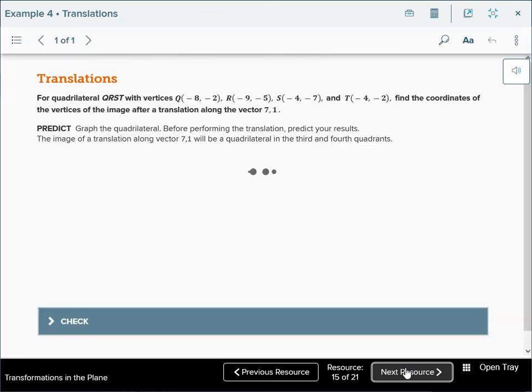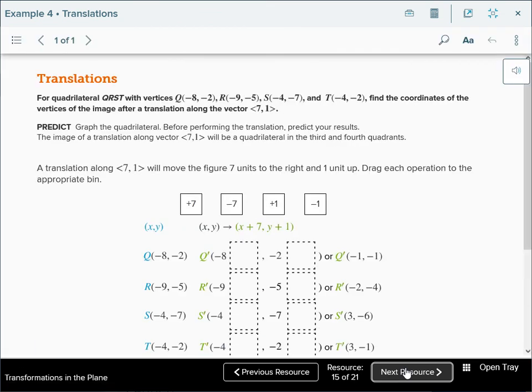Go to the next one. What's this vector telling us to do? What are we going to do to each x coordinate? Right 7 or add 7, right? What's this telling us to do to the y coordinates? Up 1. So tell me Q. What's Q going to end up? If I add 7 to that, what do I end up with? So Q prime is going to be -1, -1. Everybody agree with that?